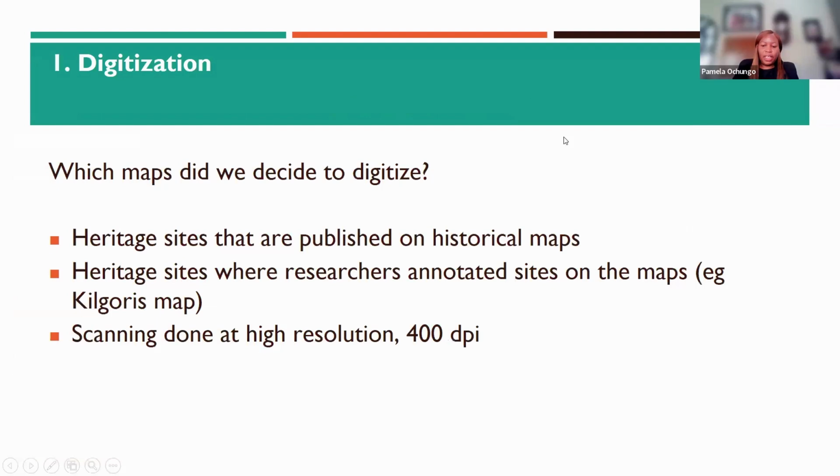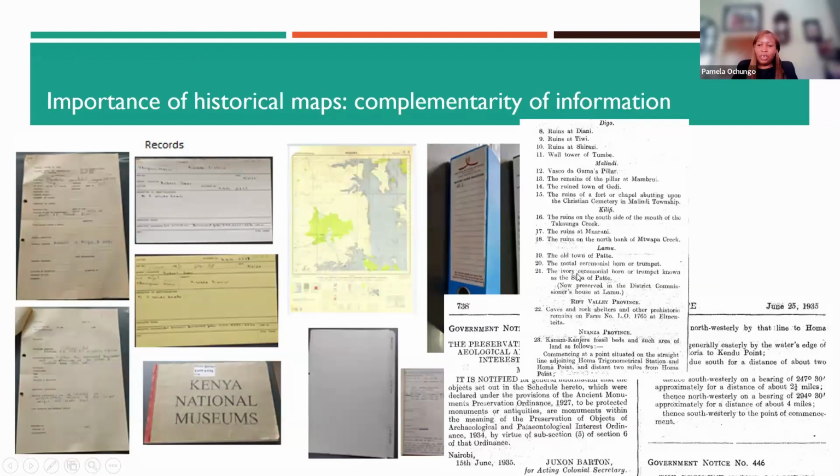And then it continues with information such as moving southwesterly on a bearing of 247 degrees, 80 minutes approximately for a distance of about 2.25 miles, thence northwesterly on a bearing of 294 degrees, 30 minutes, etc., etc.